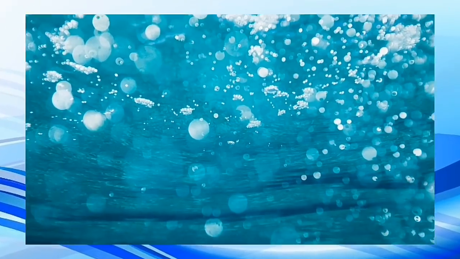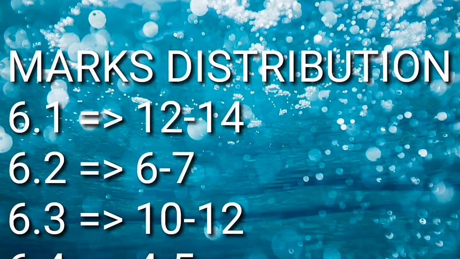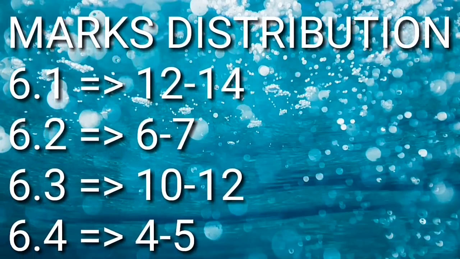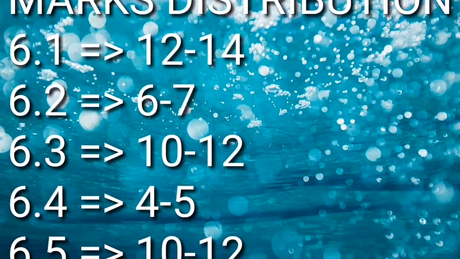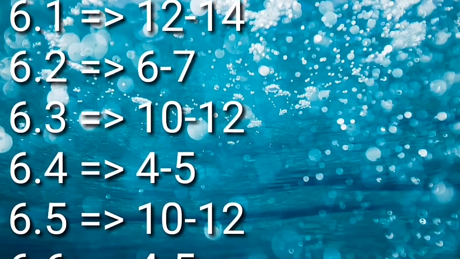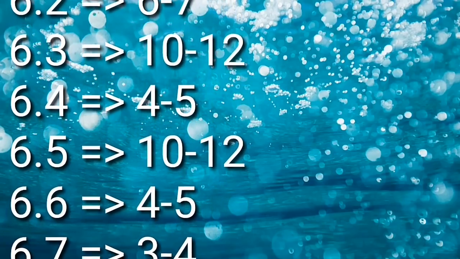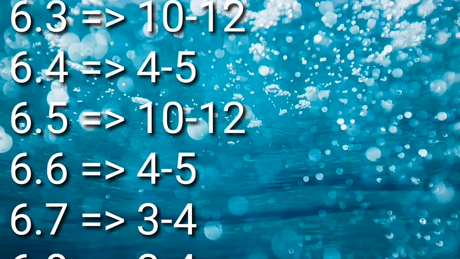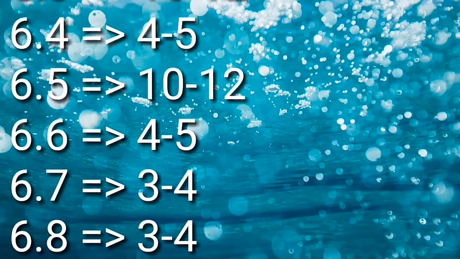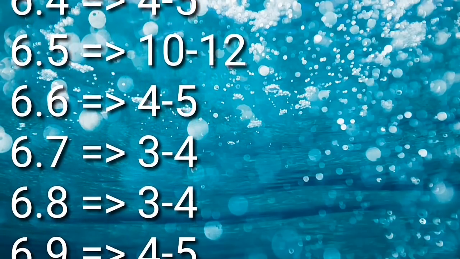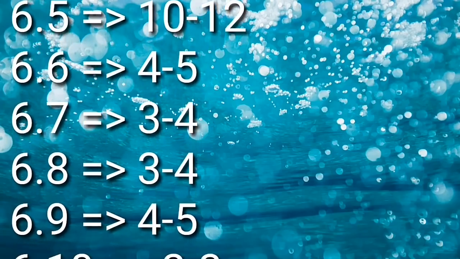Moving on to the topic-wise marks distribution. As you can see, 6.1 contains 12 to 14 marks. Then we have the other submodule marks accordingly. So by looking at it, you will know that ferrous material, composites and fasteners are the core questions for DGCA.